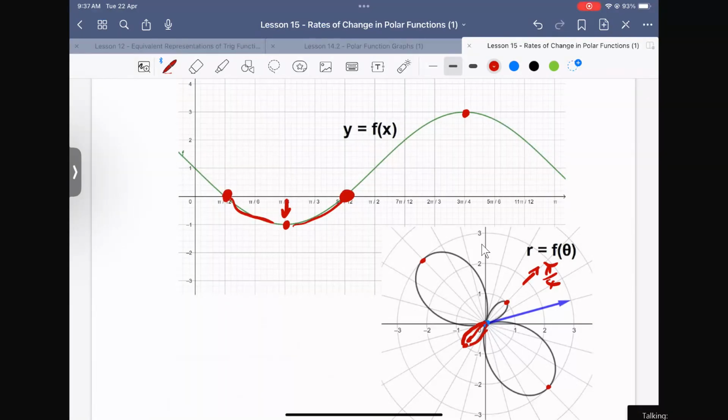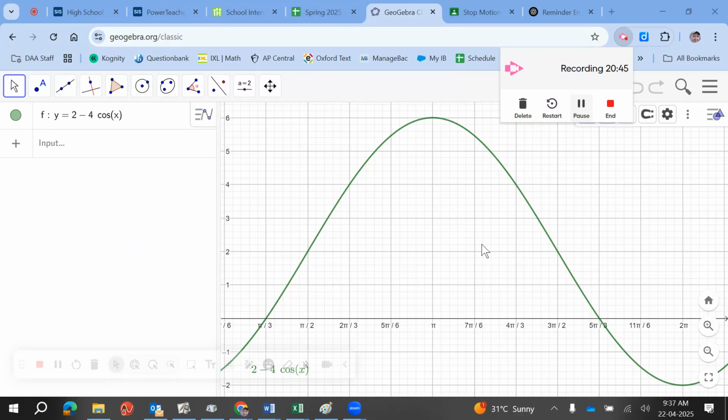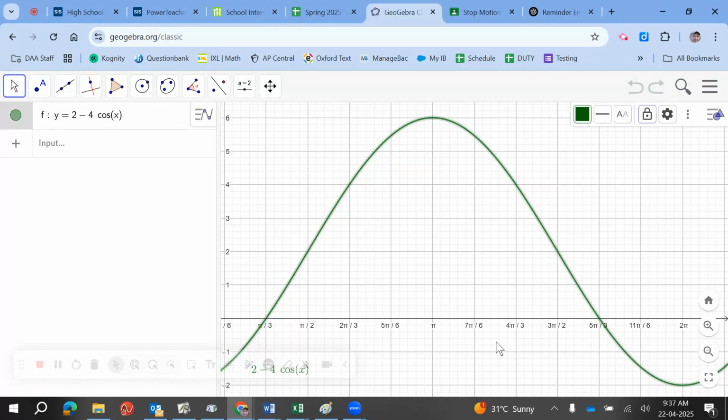Let me just switch over to GeoGebra for a second and have a look at how the minimums don't always have to occur when the Cartesian graph is in these particular points. It can occur when we change from negative to positive. If I just change this graph a little bit here, this one, which one are we doing?